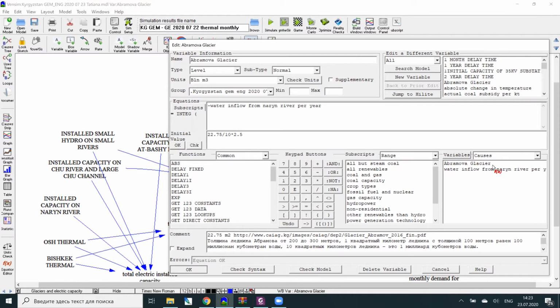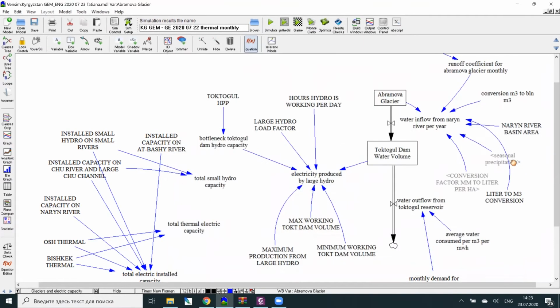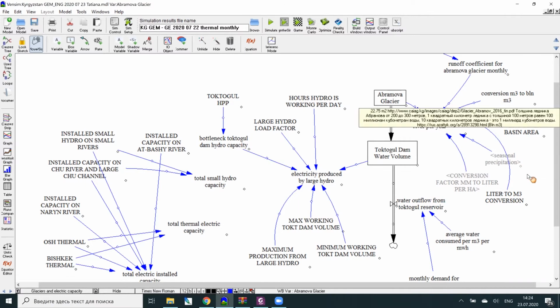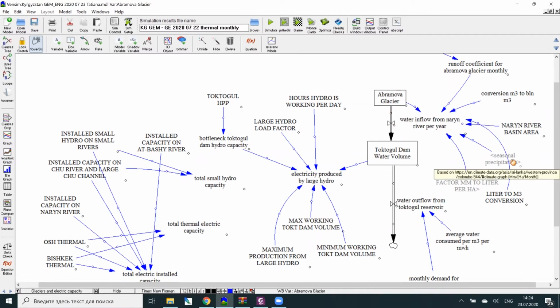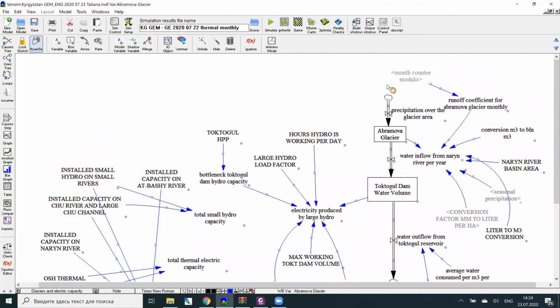There is no regeneration or reaccumulation of water and ice during the winter. So do we go to seasonal dynamic precipitation again? Can we connect it back to the glacier? Connected to the inflow to the glacier. This should be over the glacier area.